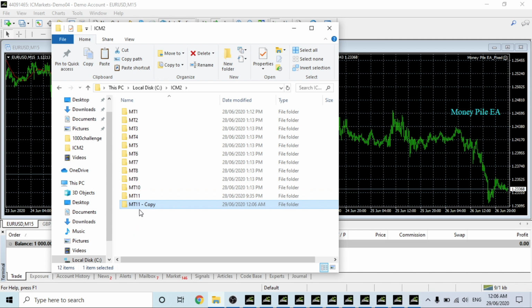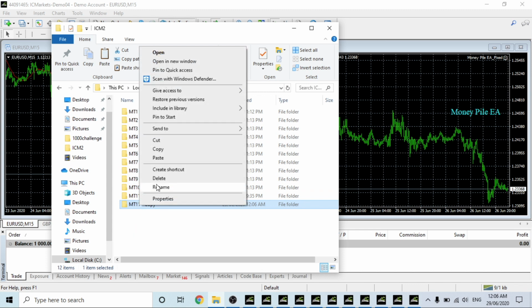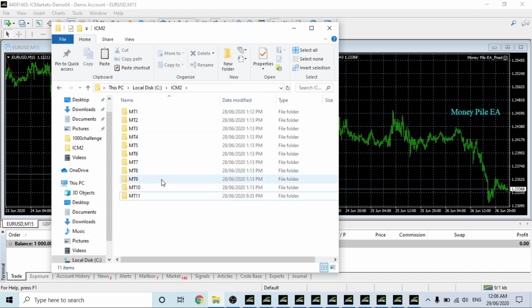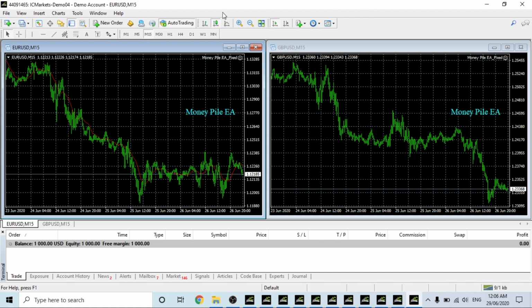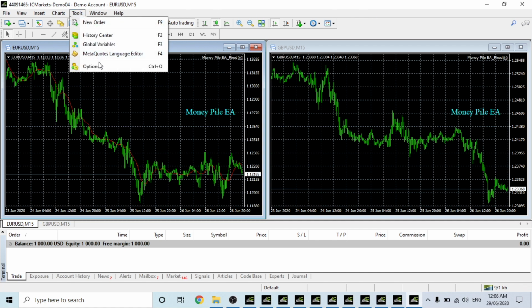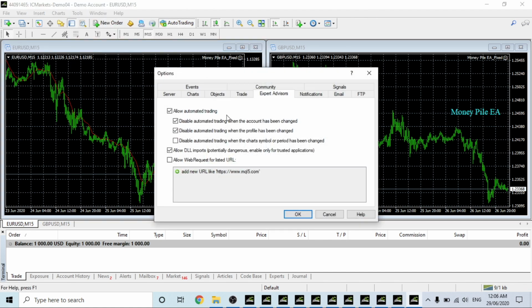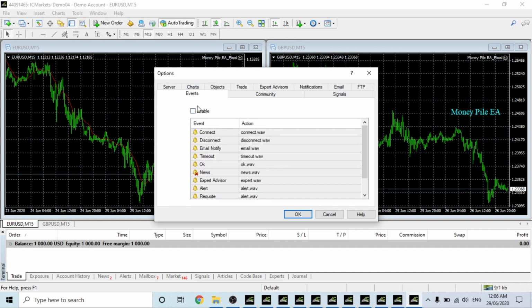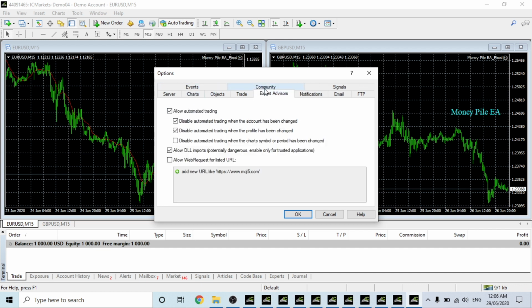So that's just an easier way than running the installer every time. You just copy paste, and then you have the same thing 11 times, and then all you've got to do is open the terminal, set up the account and set up the basic settings. The basic settings that I'm using for all the accounts are the same. The only thing that I have changed is I've turned off events, and in Expert Advisors I've allowed automated trading, obviously, and also allowed DLL imports before I dragged the EAs onto the chart.